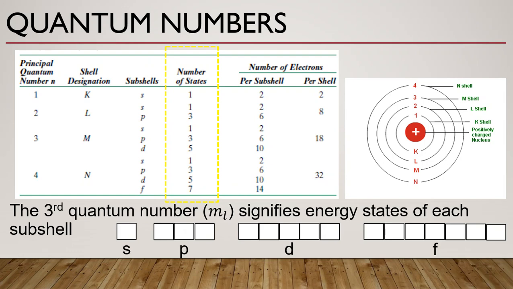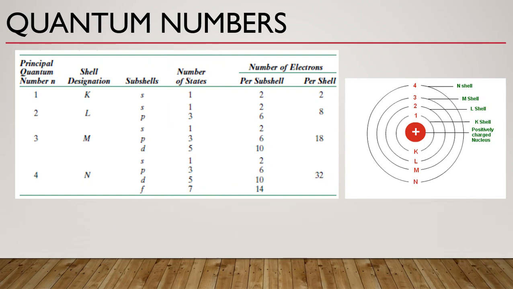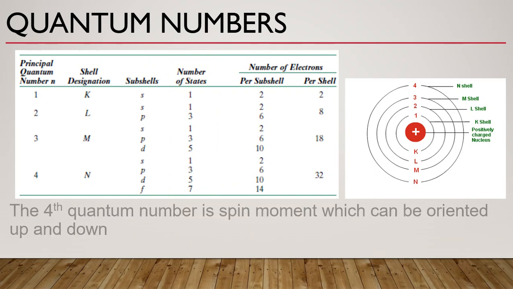And next is the spin moment. Spin moment can be oriented up and down, and it is related to our fourth quantum number. Every spin is equal to 1 electron on the energy state.